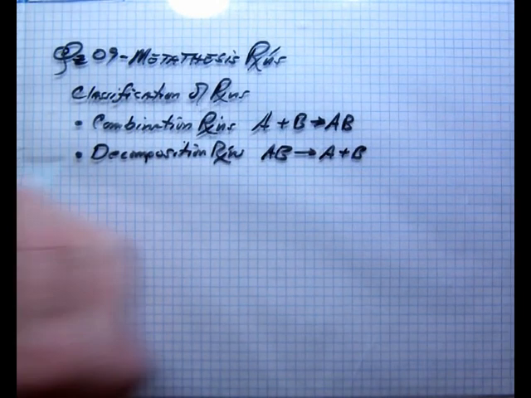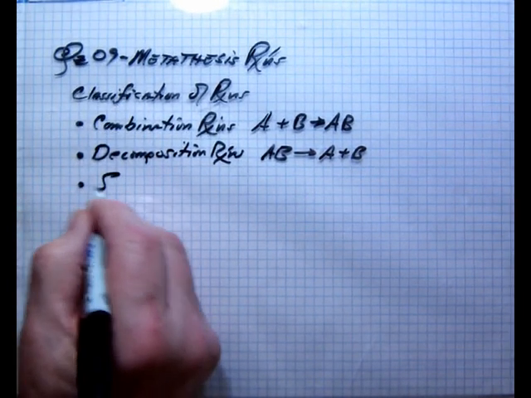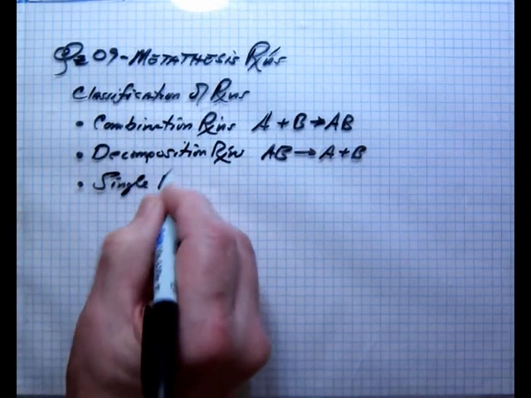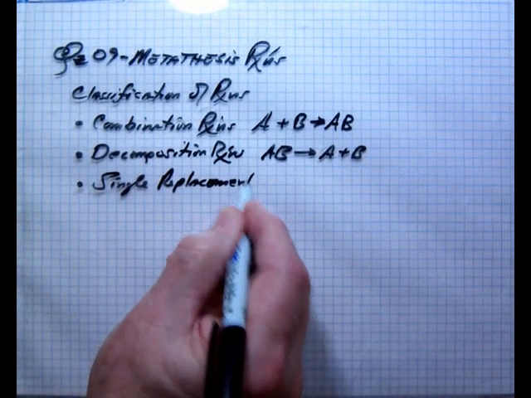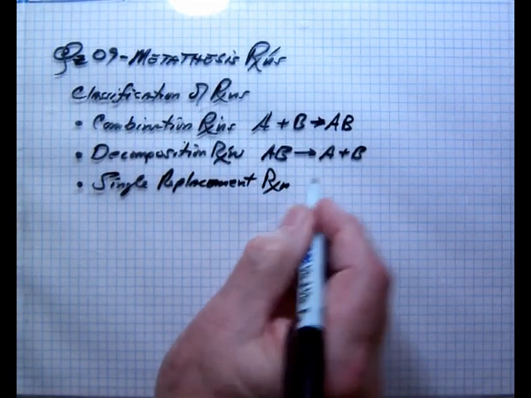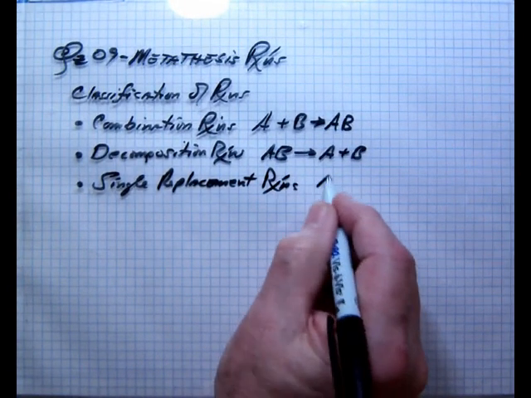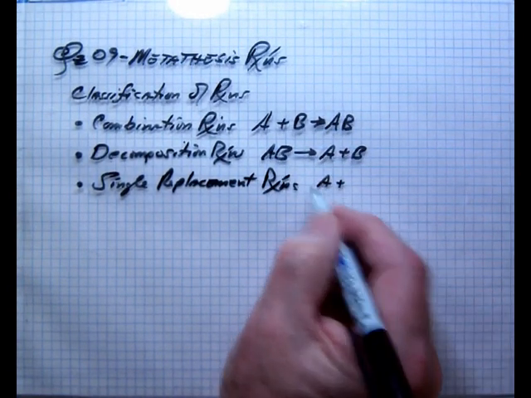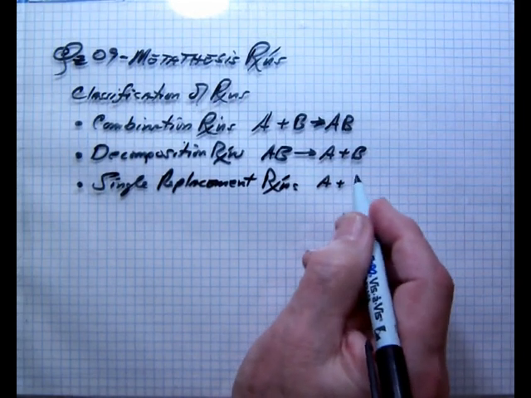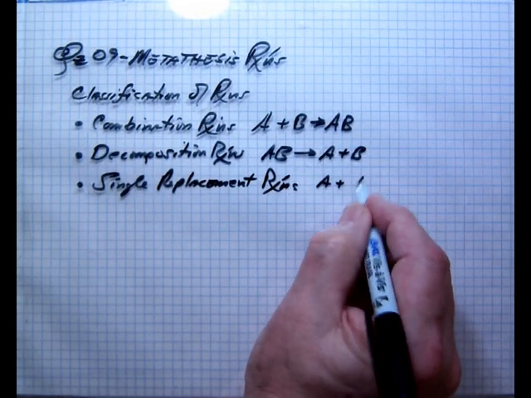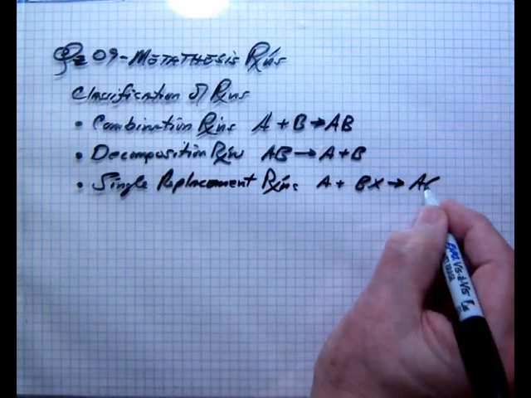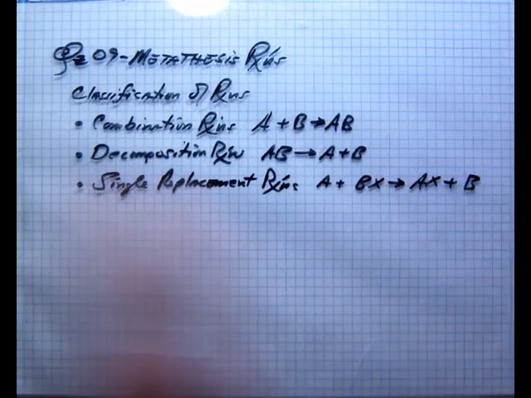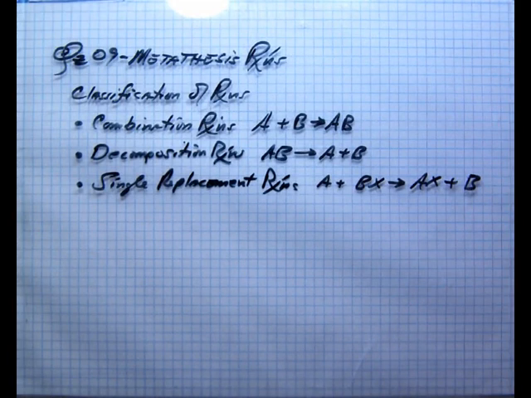as we know. Then the single replacement, where A, an active metal, replaces a less active metal to form AX plus B, as shown there, and of course that requires the activity series.